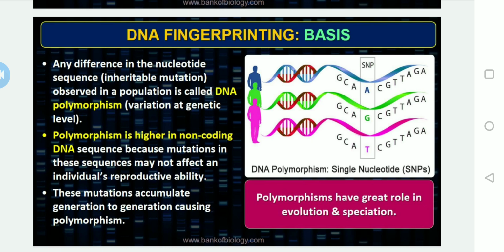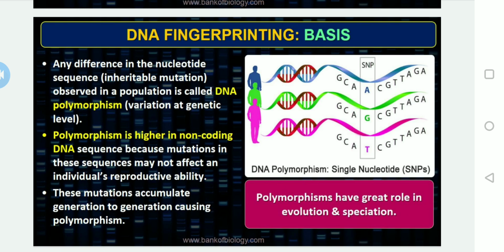This polymorphism is higher in non-coding DNA sequences because mutations in these sequences may not affect an individual's reproductive ability. This is very important. Even though the mutation happens at each and every level during formation of the filial generation, it should not affect the reproductive ability. How?